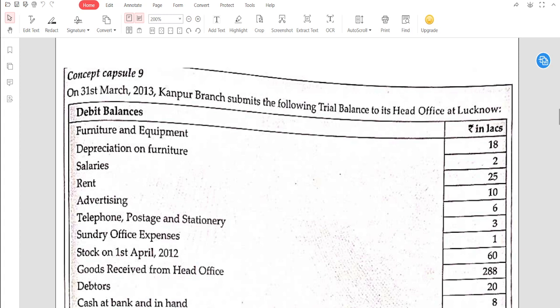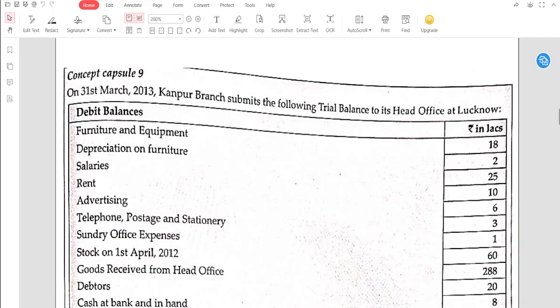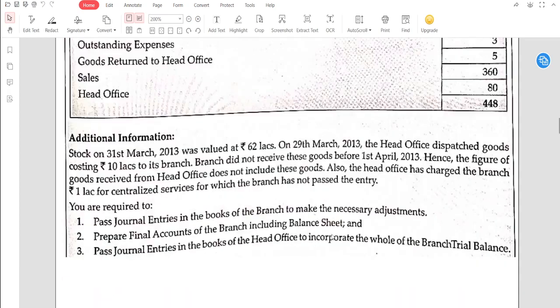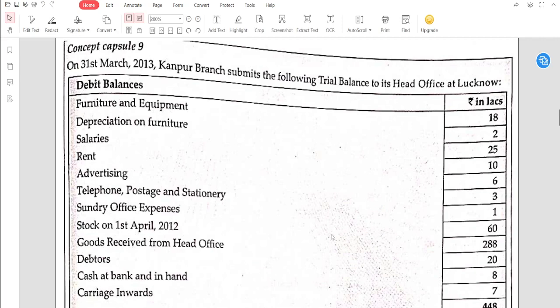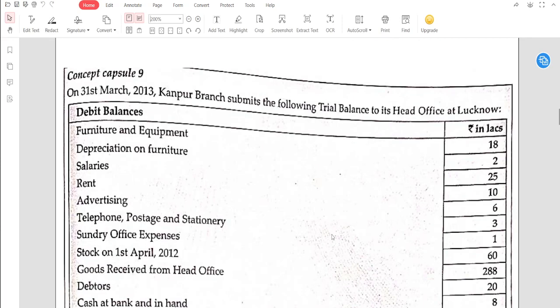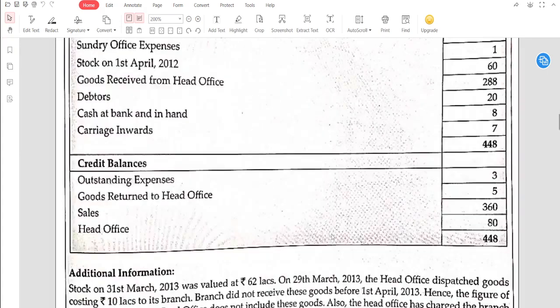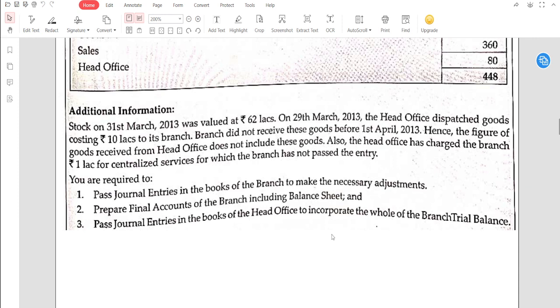Done? Okay, let's go through it once. See, we will start one by one. First we are going to make that in the books of the branch. See, the first thing they are asking us is to make the journal entry in the books of the branch, correct? The first question is the journal entry in the books of the branch. Now see Sonal, in the given case we need not do anything else from the branch trial balance, rather we are going to make the journal based on the additional information given.